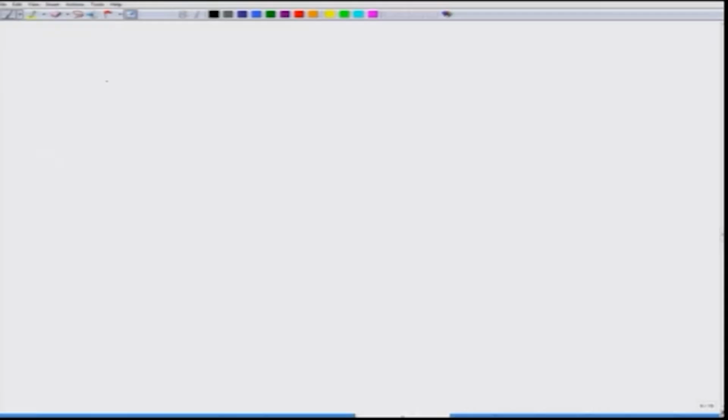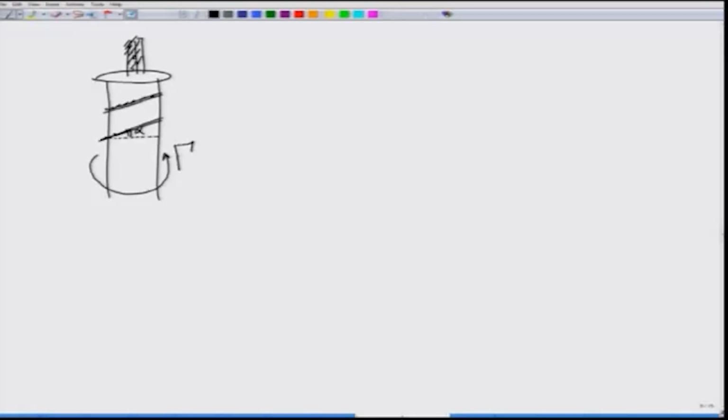So, as you saw in the animation, in a screw jack, we have these threads that are at an angle alpha from the horizontal, and we are supposedly lifting a weight W that is sitting on the head of the screw jack, by applying a torque, let us call it gamma.